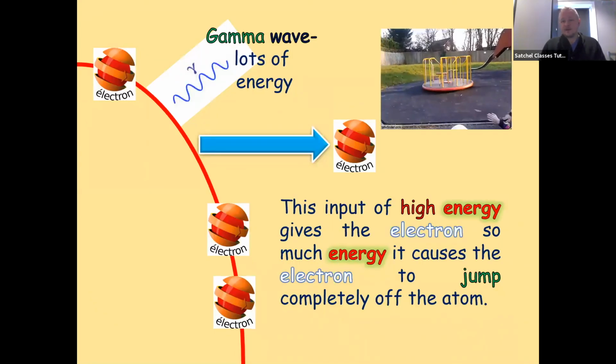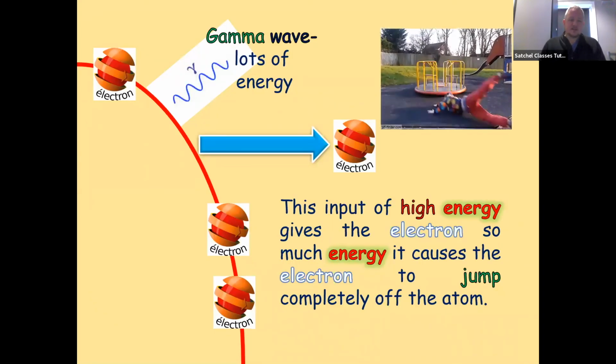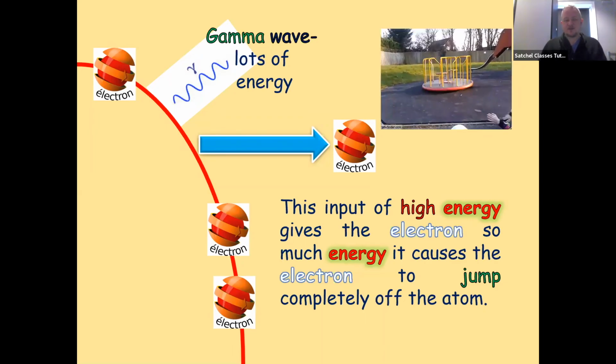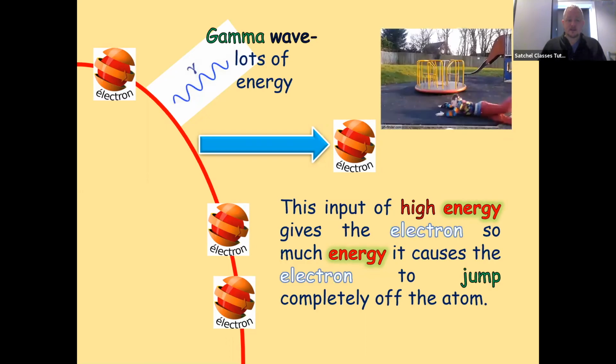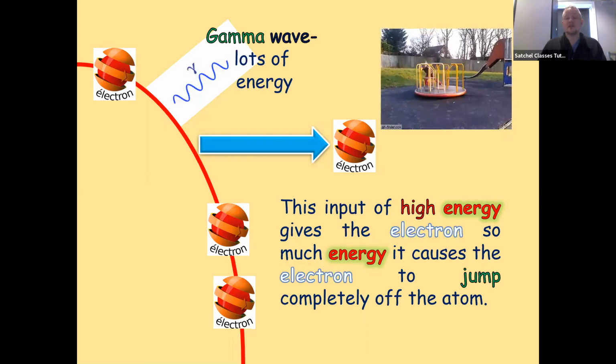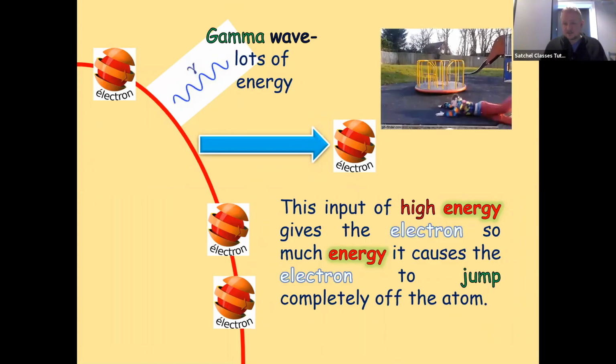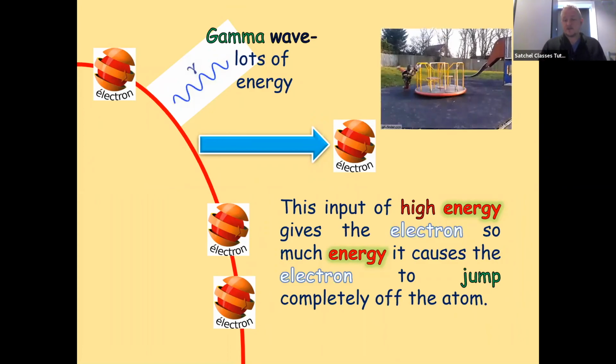So what's going on then? Well, actually, if we've got an incident wave, a gamma wave, for example, which carries lots and lots of energy, and it has energy at the specific frequency and wavelength required to make an electron jump from the outer shell of an atom, that electron jumps and is lost to the atom. That high input of energy gives it so much energy, it literally escapes completely from the atom.